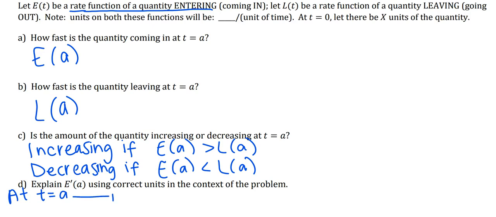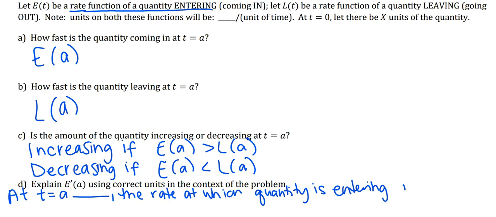And then you're going to restate what E of t is. So the rate at which whatever the quantity is entering is, and then you're going to choose increasing or decreasing depending on what the sign of E prime of A is.